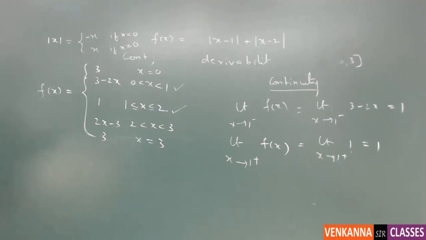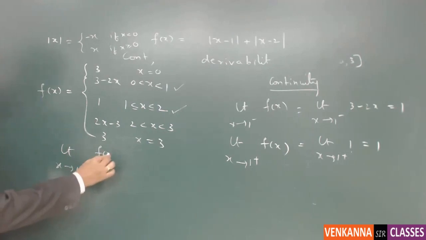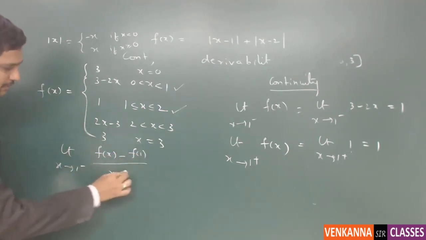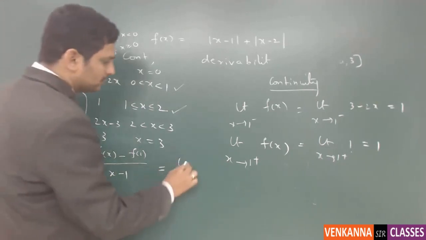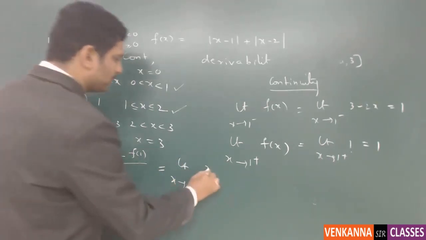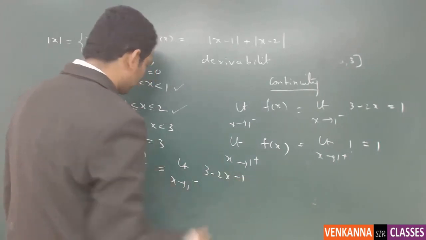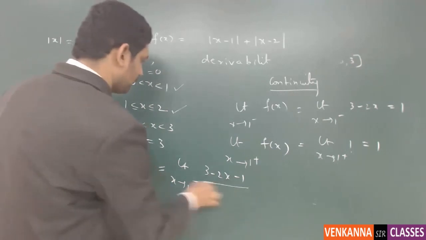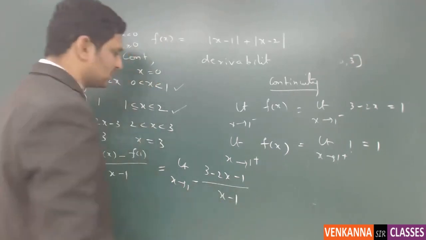Now we are going to check the differentiability at these points 1 and 2. If you calculate the left derivative, limit x tends to 1 minus f of x minus f of 1 by x minus 1, it will be equivalent to limit x tends to 1 minus of 3 minus 2x minus 1, f of 1 value is 1, divided by x minus 1.